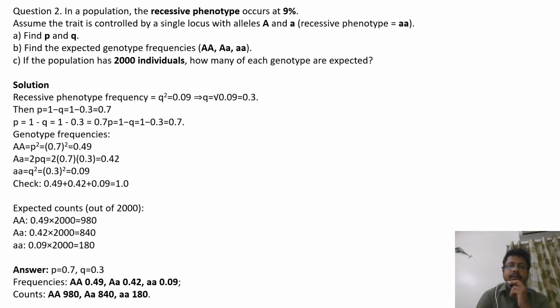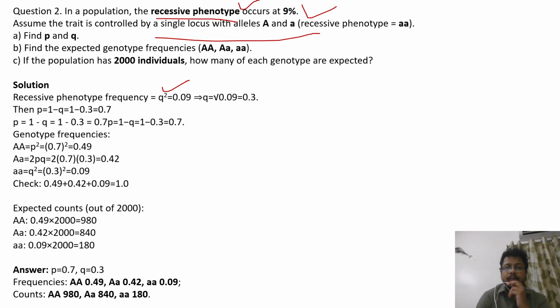There is another question. In a population, the recessive phenotype occurs at 9%. Assume the trait is controlled by a single locus with alleles A and small a. Find P and Q. So we know the recessive phenotype is 9%. So Q square is 9%, because Q square is the recessive phenotype frequency, as we studied earlier.